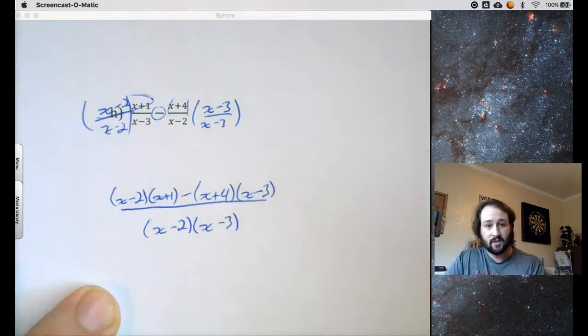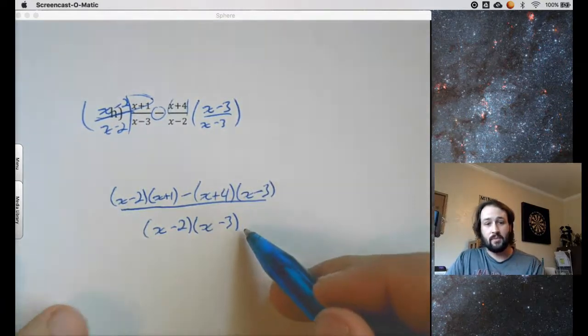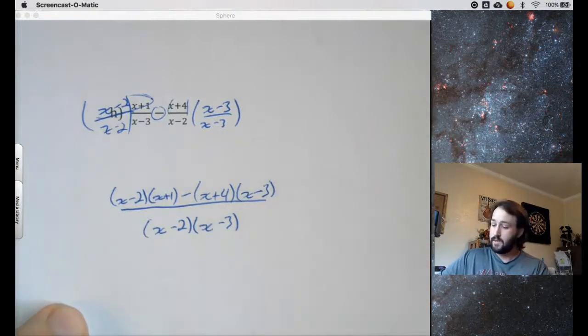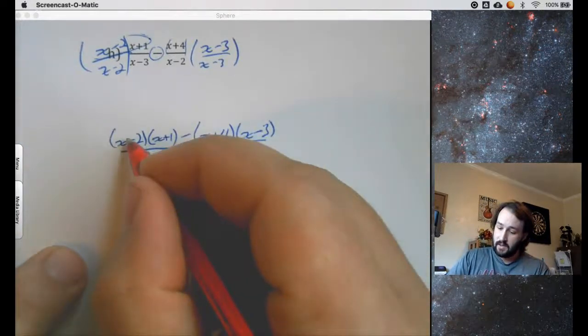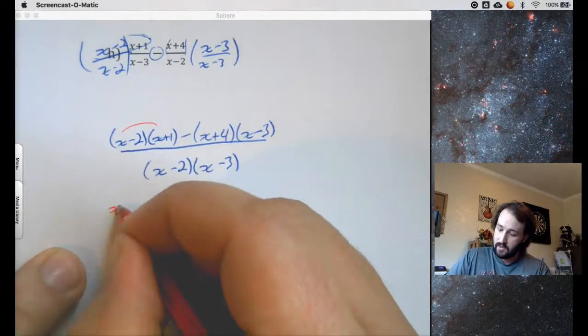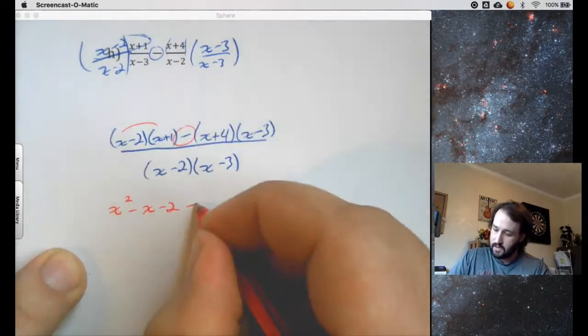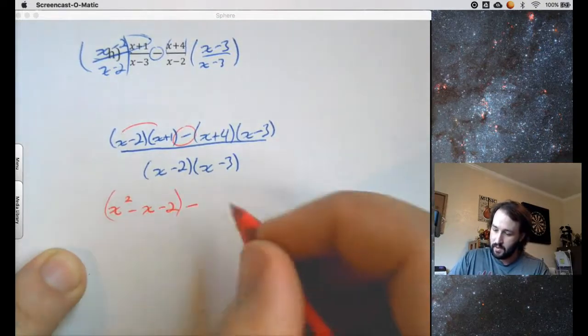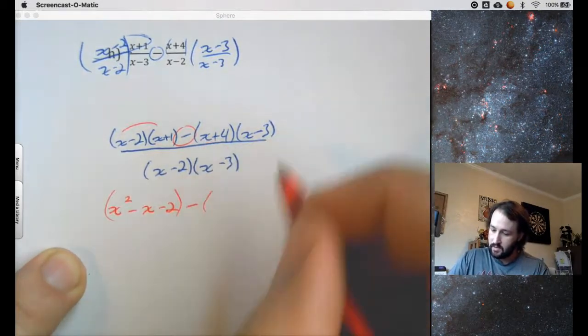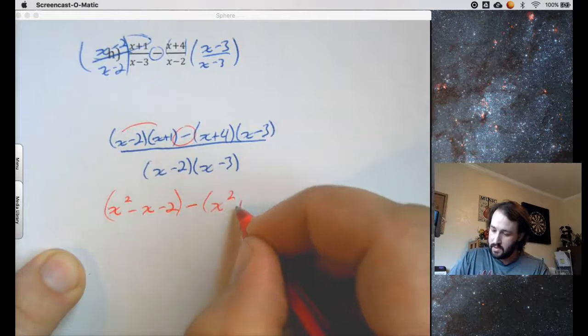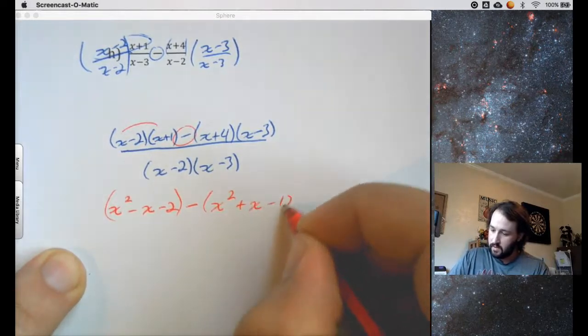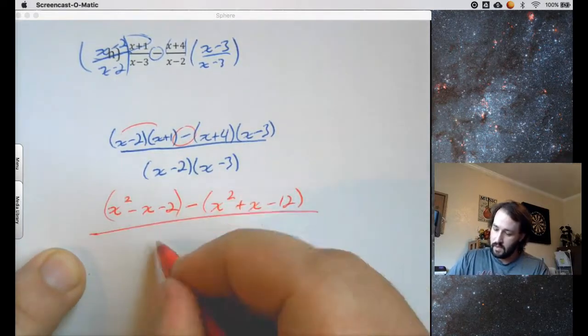That's the way I like to write it, so that I don't have to keep writing the same denominator over and over again. So that now when I distribute, I'll get x squared minus x minus 2, and then here's this minus sign coming in. That's just the first part, and then minus, distribute all of this, so x squared plus x minus 12, all over that common denominator.